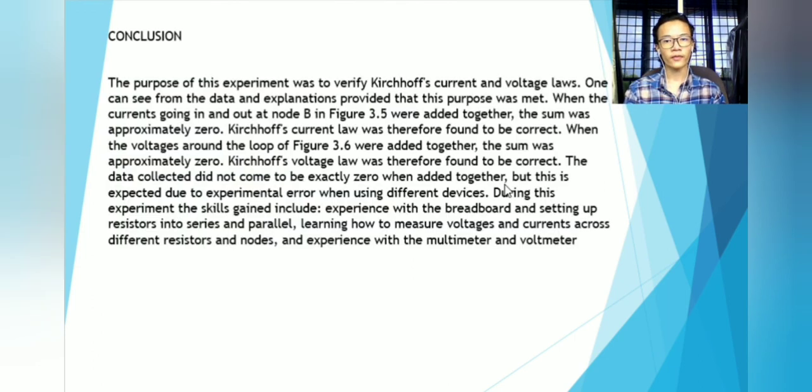Kirchhoff's laws therefore were shown to be correct. The data collected did not come out exact due to some error when using different devices. We also gained some experimental skills such as how to use a breadboard, setting up resistors in series and parallel, and much more.